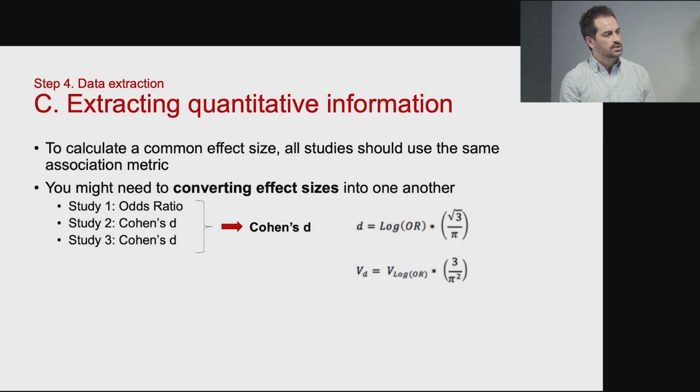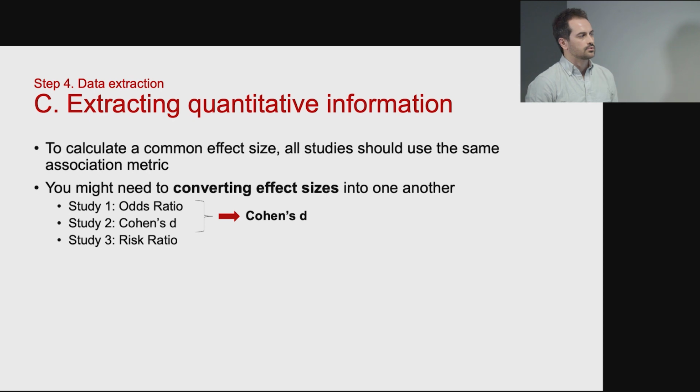So there are a lot of formulas that enable you to convert those effect sizes. For example, you have an odds ratio, you use this formula, you can derive the d and the variance. This is easy. Sometimes you need multiple steps before arriving at the right conversion. This is an example.